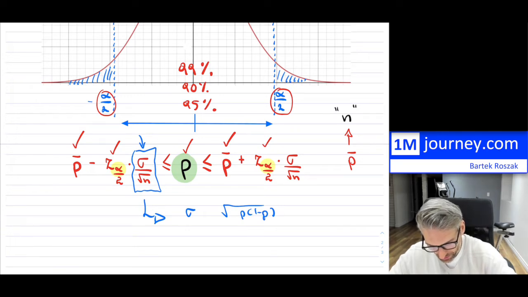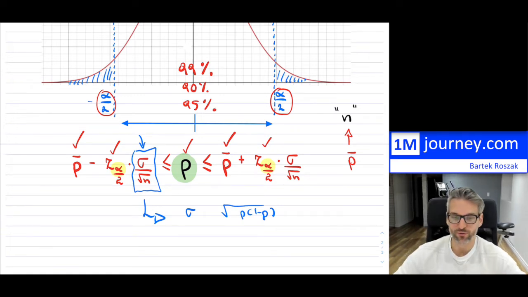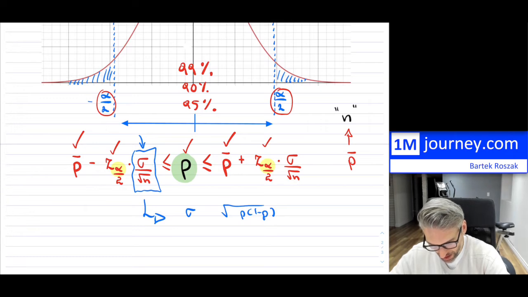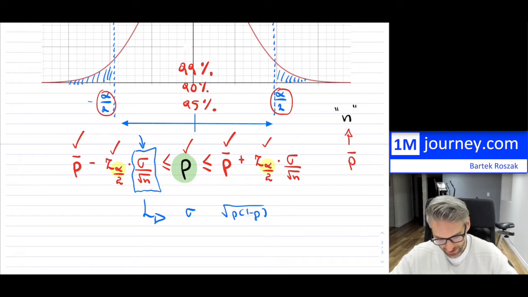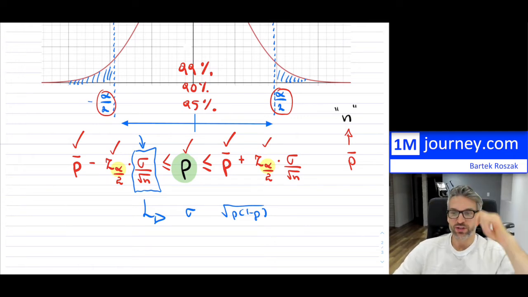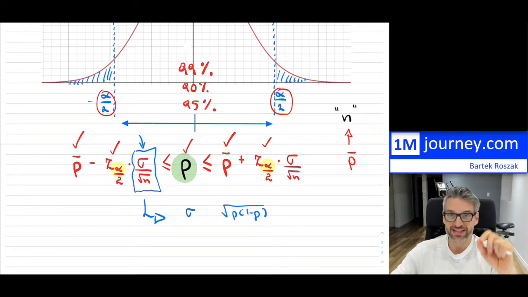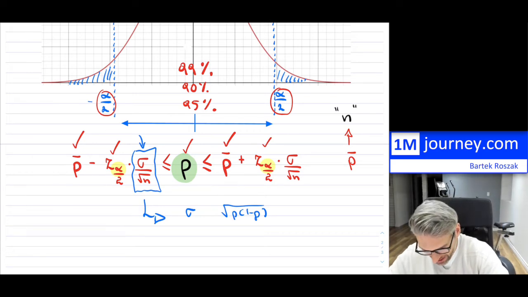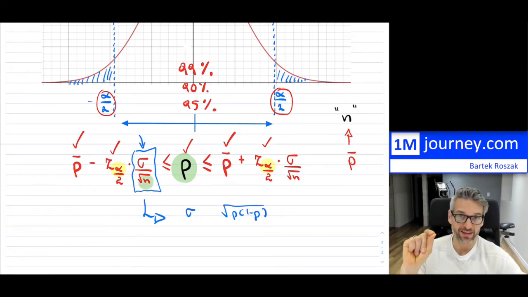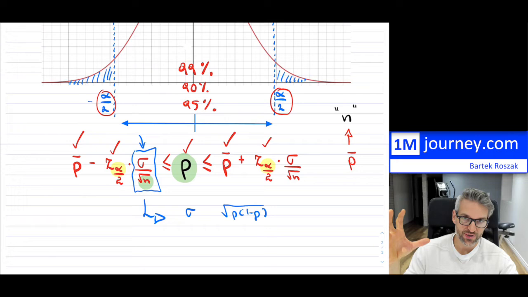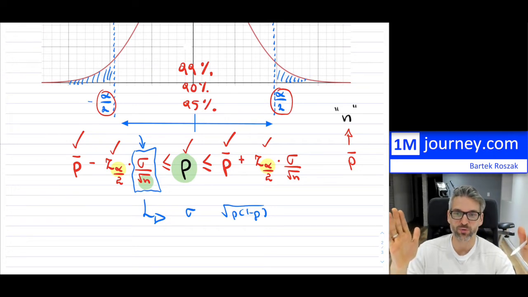So this now becomes just the square root of P multiplied by 1 minus P. Now, the division by the square root of N, this N that we have in here, will stay, because again we are interested in the actual averages between all the samples that we would have taken that had N data points that we sampled.